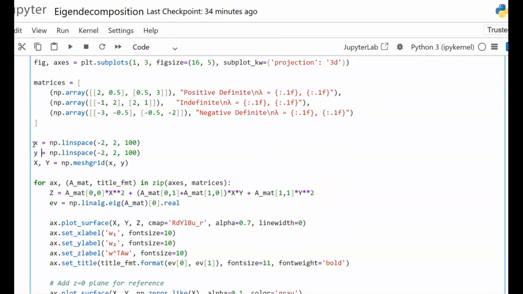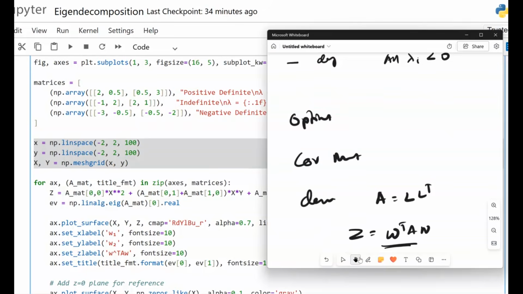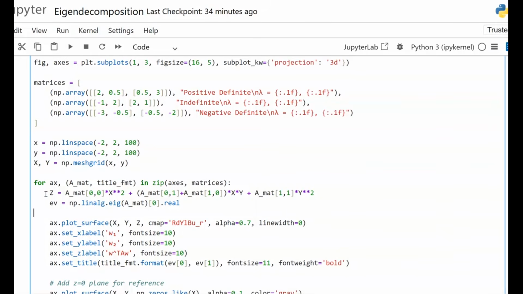And here we have the grid over input space, so that defines the vector. And towards the vector, kindly observe, dear friends, W is equal to W1 and W2, yes, column wise. So we evaluate the quadratic form over a grid in R2. And here we are going to compute the quadratic form.